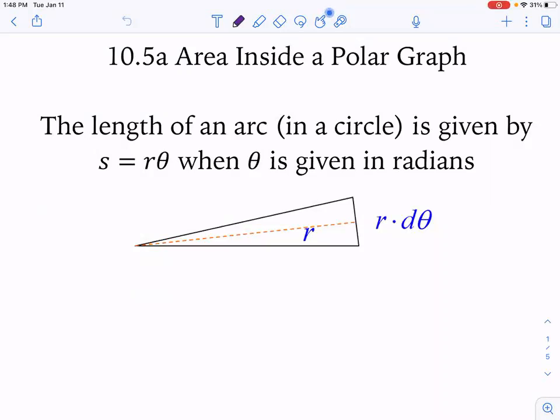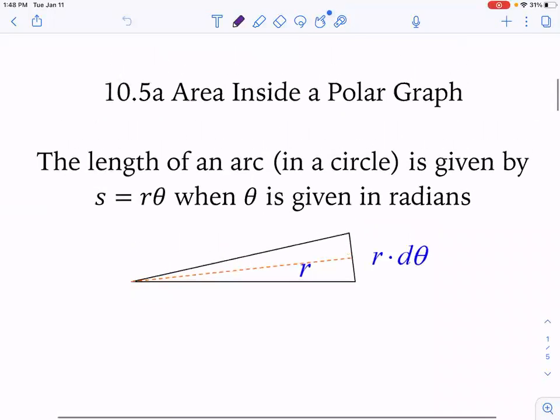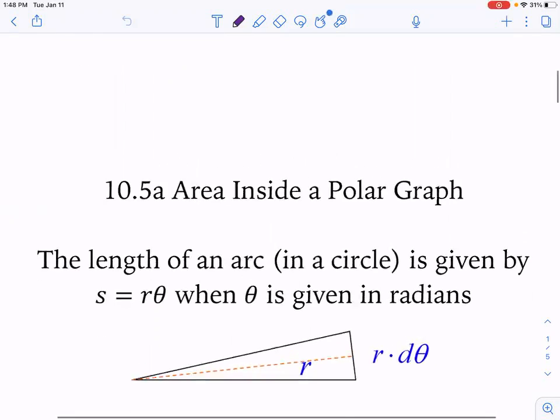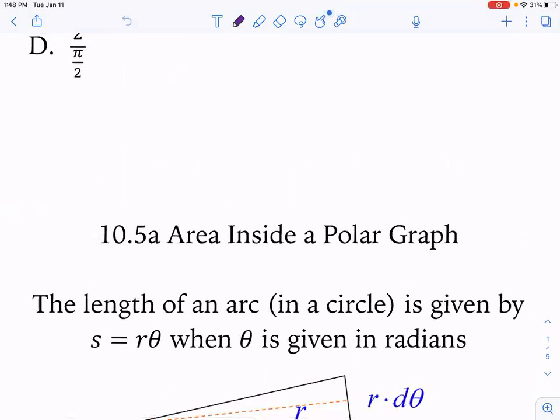Don't write this yet, okay? We talk about this in geometry. The length of an arc is given by S equals R theta.